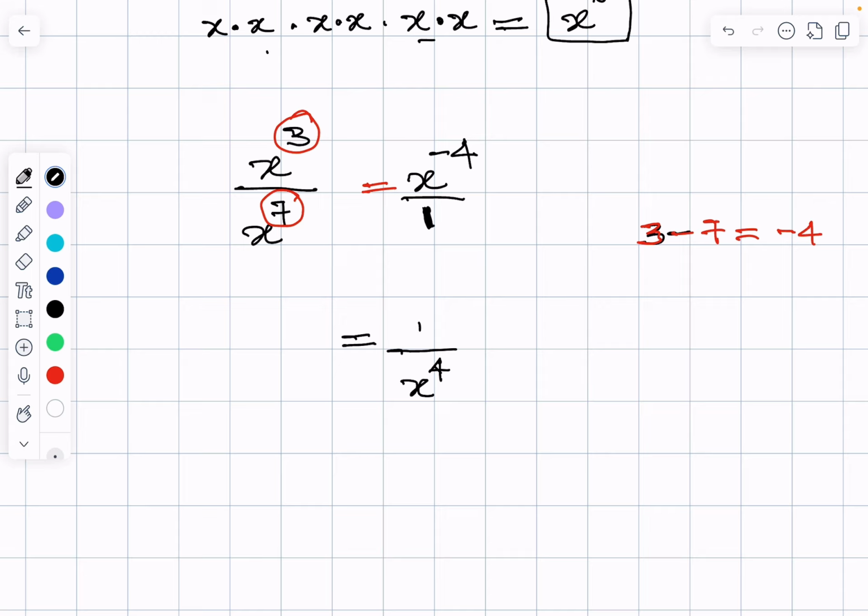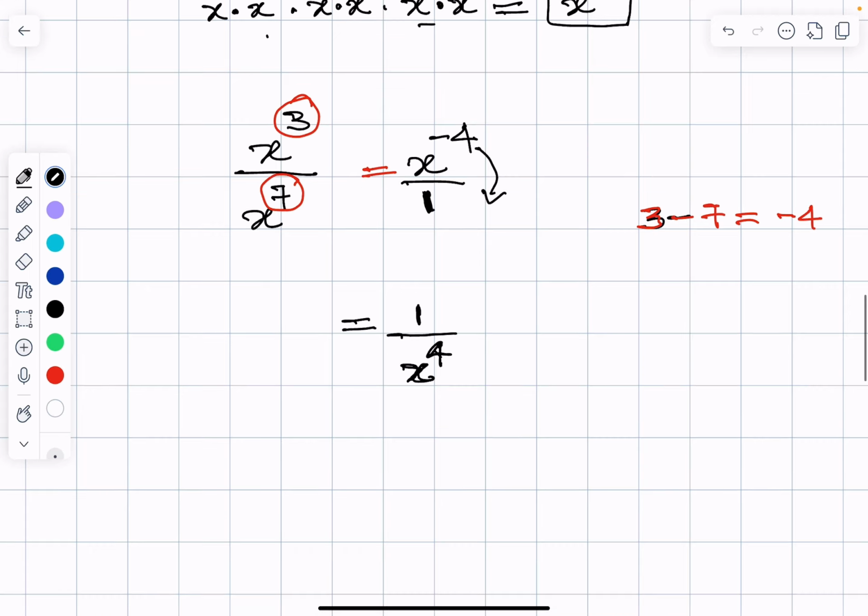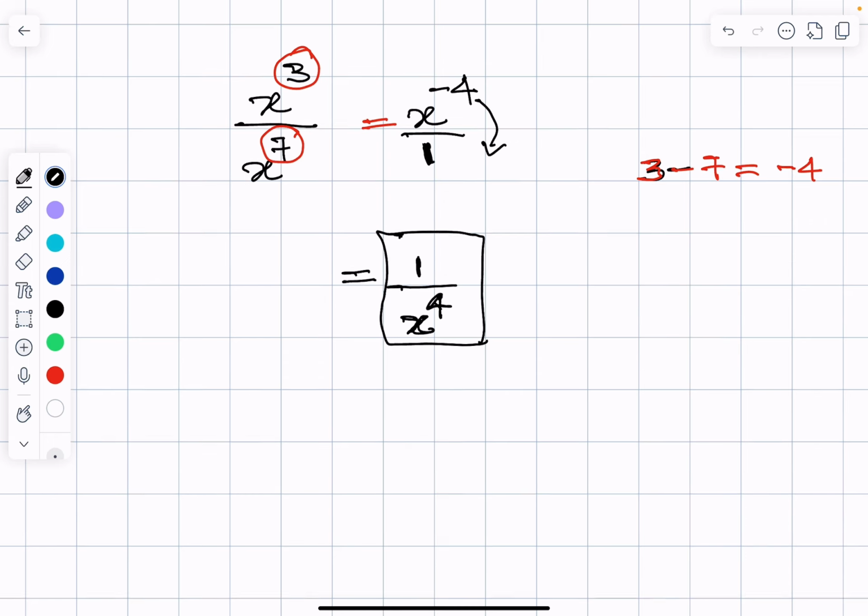So what we do is we bring the x to the negative 4 down, then it will be x to the 4th power, and over here only 1. So the final answer is 1 over x to the 4th power.